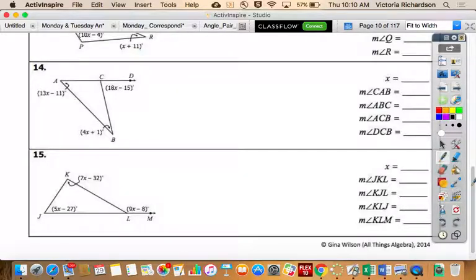So 14 talks about your exterior angle theorem, where this angle right here is equal to the sum of this angle plus this angle. So I'm going to add 13x minus 11 plus 4x plus 1, and I'm going to set that equal to that exterior angle, which is 18x minus 15.